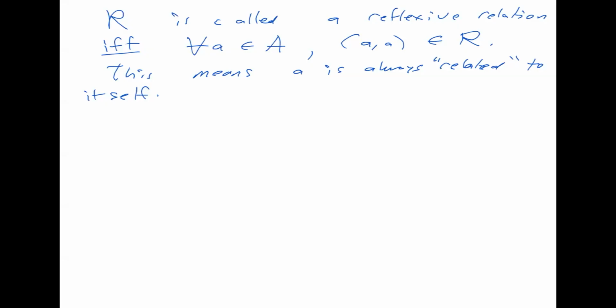For example, the one that we just talked about before was not reflexive because some people didn't actually like themselves. So let's give an example of one that is reflexive. Can anybody think of a relationship in the real world that would be reflexive? That everybody would always be related to themselves according to that type of relationship.